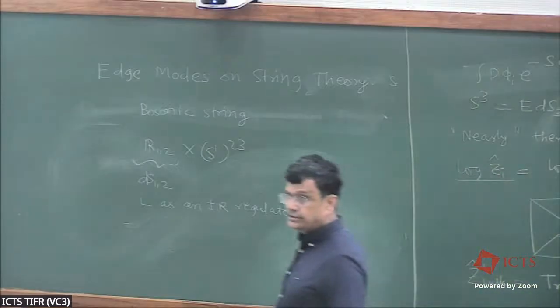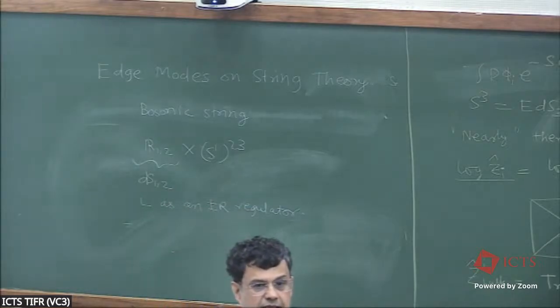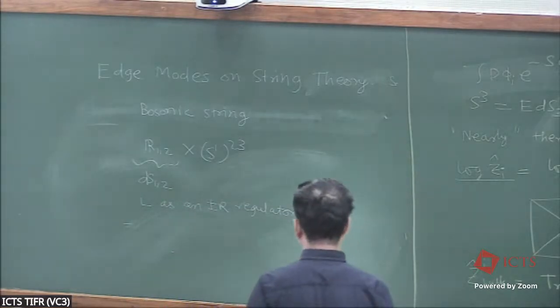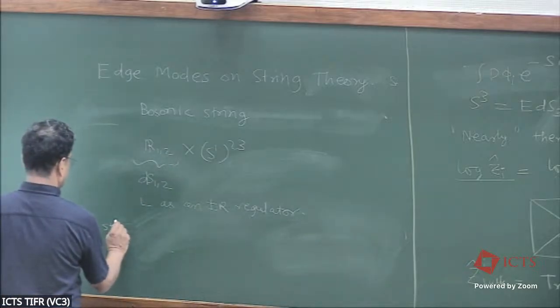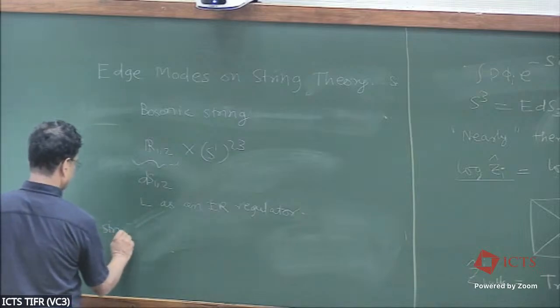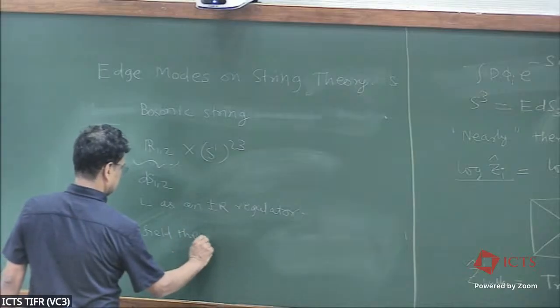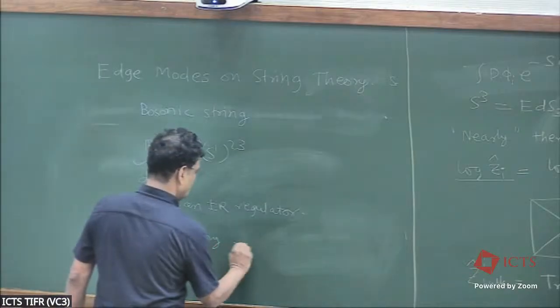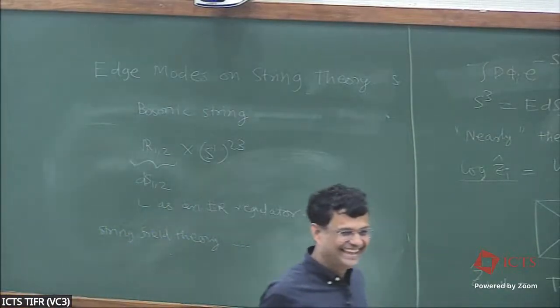Let me remind you, a very nice calculation was done by Polchinski. The idea is, can you go from string field theory, and don't be scared, it's not the kind of string field theory that Ashok does.